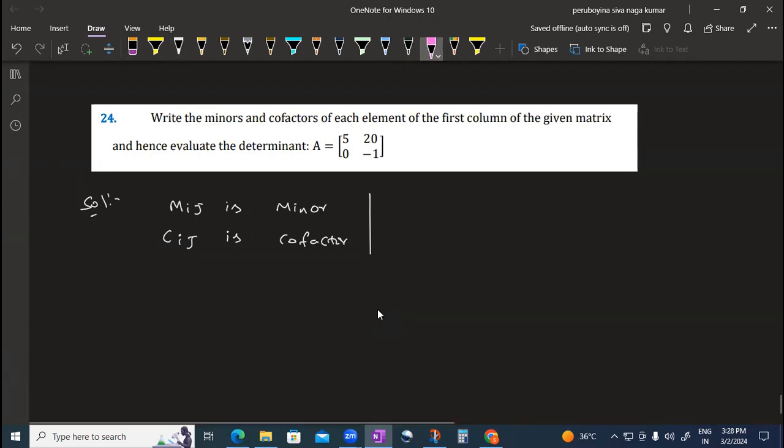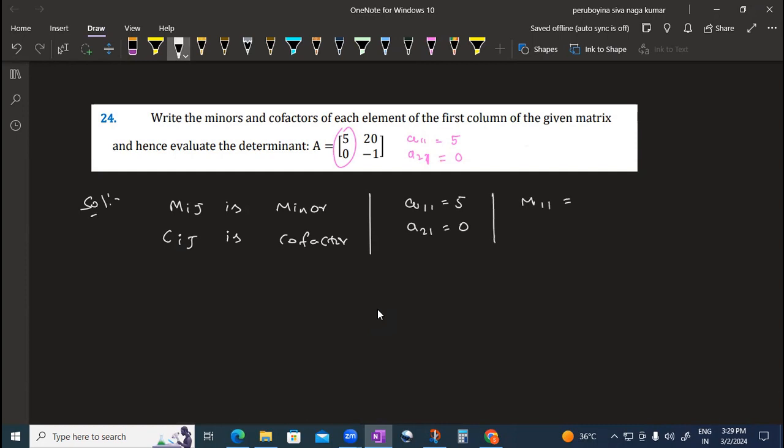So first column means this thing. The first one is A11 and the A11 is 5, A21 is 0. So write down A11 is 5, A21 is 0.